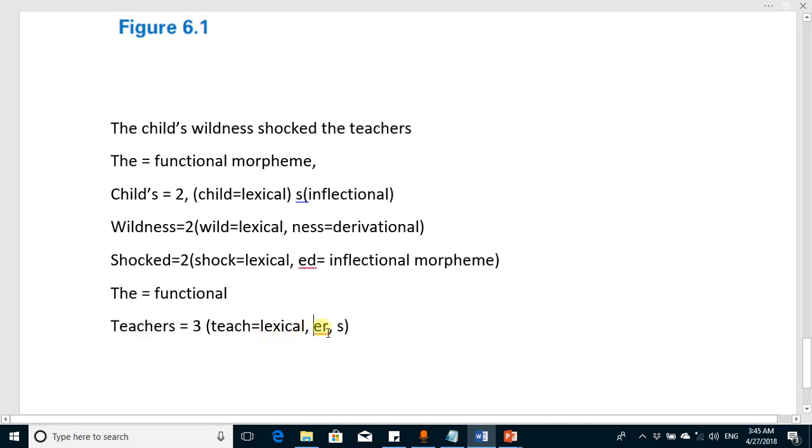So er is actually the derivational morpheme. And s, now see, teacher was a noun and teachers is again a noun, but the plural form of the noun. So s is not changing the grammatical type, it is an inflectional morpheme. So this is all about morphemes. For the next lecture, please stay tuned.